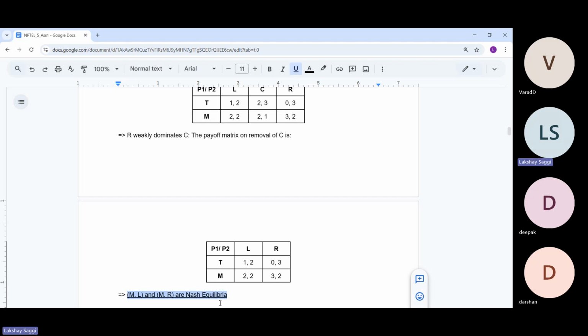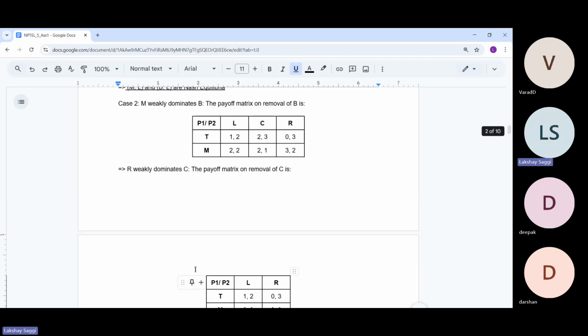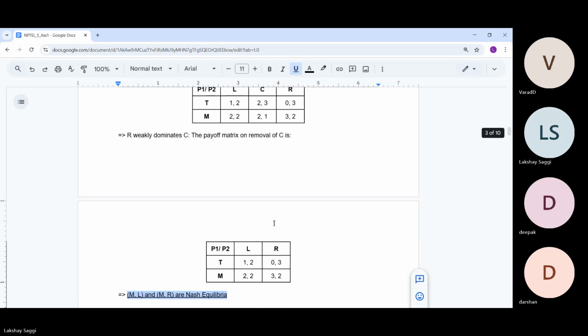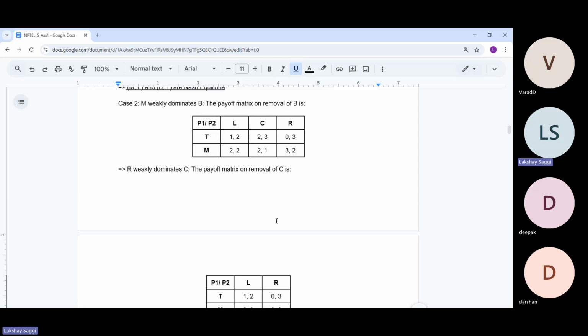So we arrived at M comma L and M comma R being Nash equilibria for this game. And since we arrived at this game by removing some weakly dominated strategies, this means that ML and MR are actually Nash equilibria for the original game also. Note that we arrived at these Nash equilibria by first removing B and then removing C. All of these were weakly dominated strategies, so we could remove them.